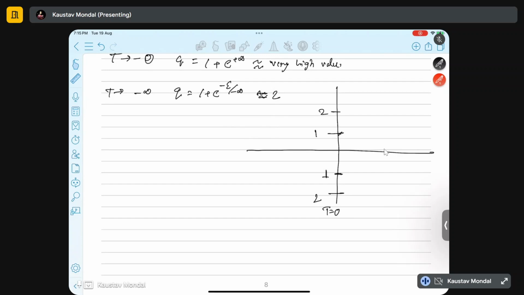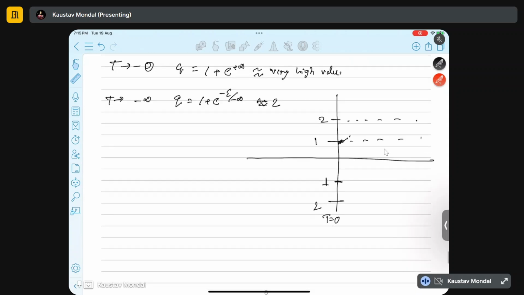And if you increase the temperature, this is 1, this is 2. If you increase it very close to T tending to infinity, then the partition function value moves close to 2, like this.